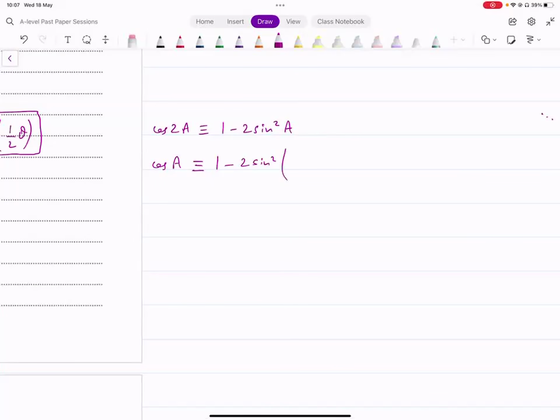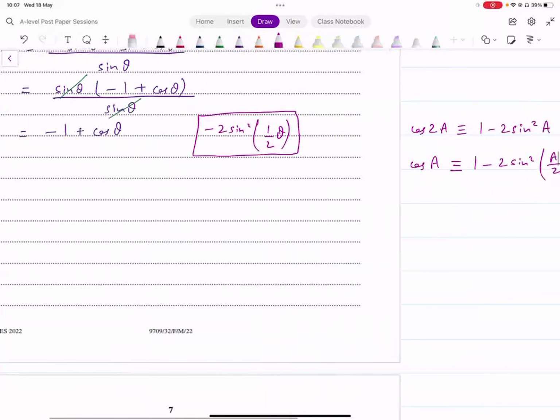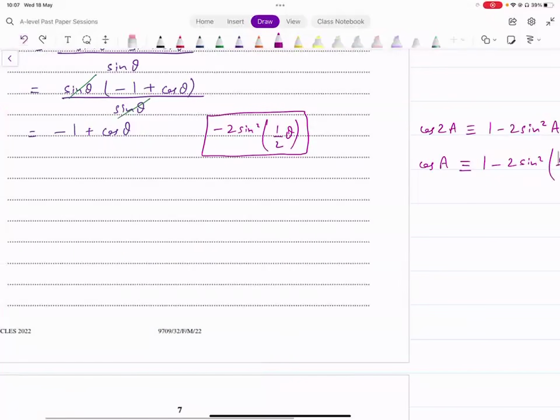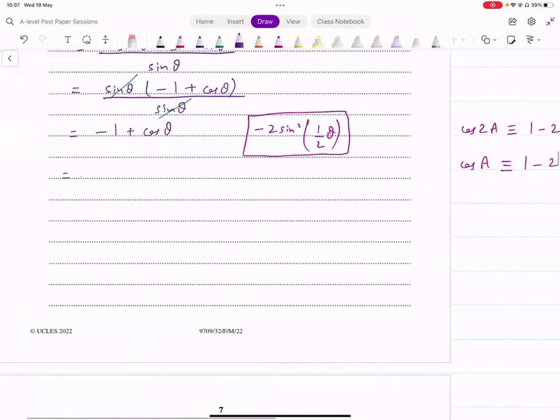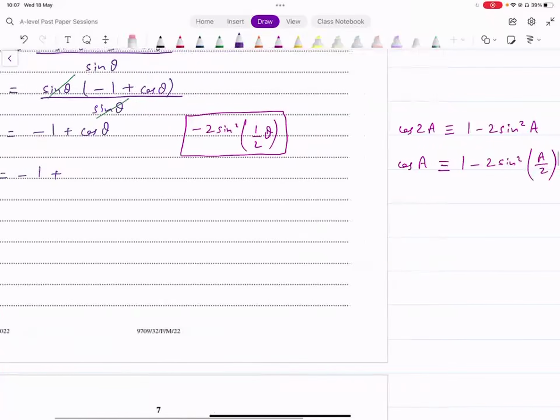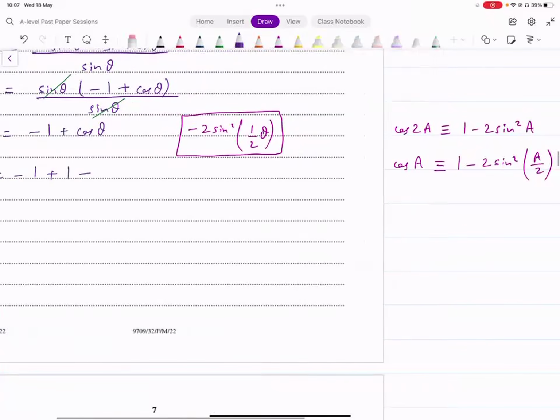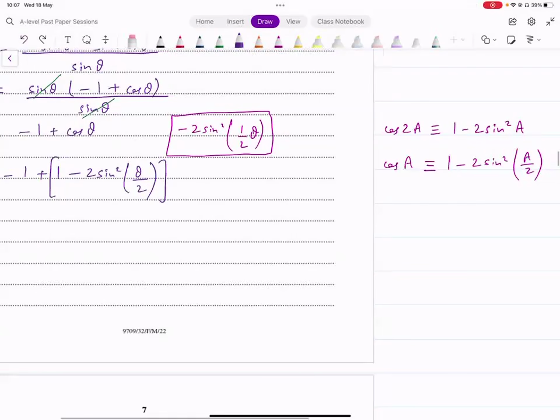On the right side, you're going to have a over 2. So basically, cos theta की जगह आप क्या लिख सकते हो? Cos theta की जगह आप लिख सकते हो ये पूरी चीज. Okay. So what I'm going to do is I'm going to write cos theta as 1 minus 2 sine square theta over 2. That's how cos theta can be written using this double angle identity.